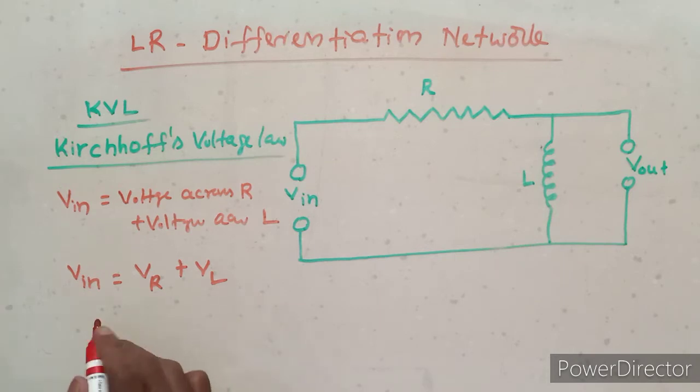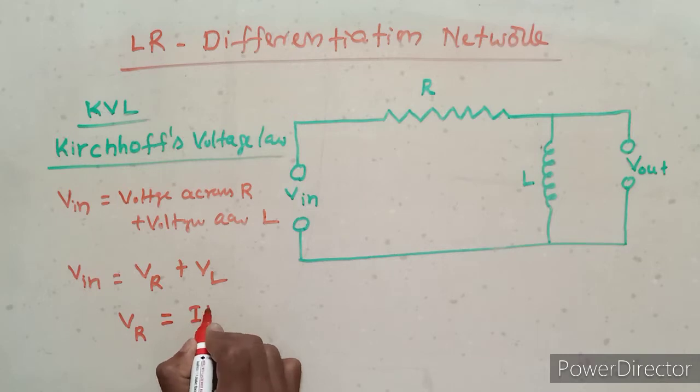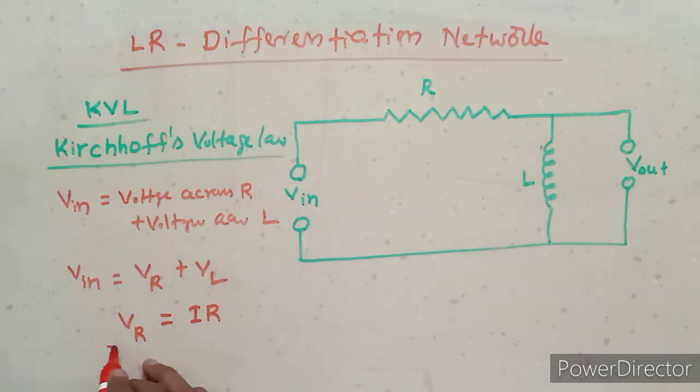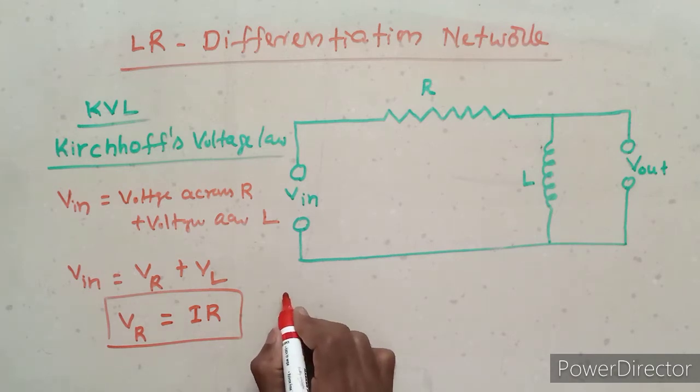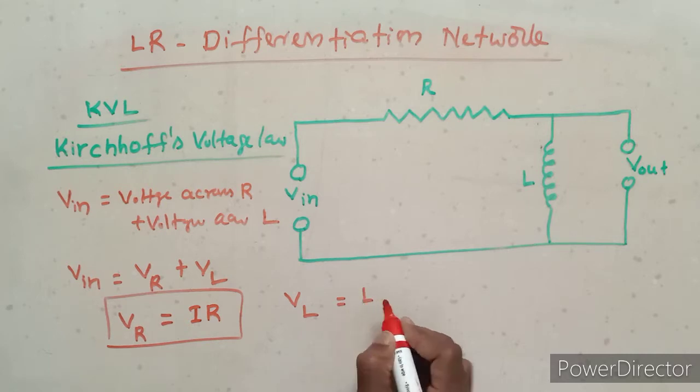But already we know that voltage across R equals I into R, and voltage across L equals L di upon dt.